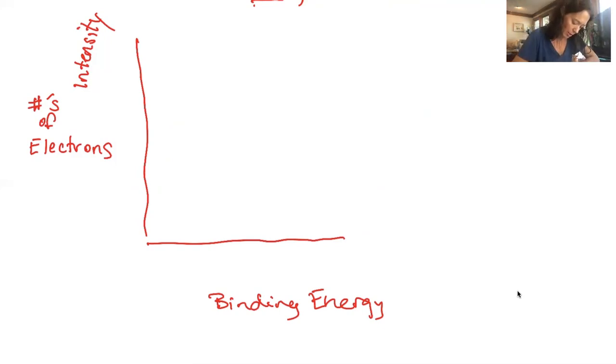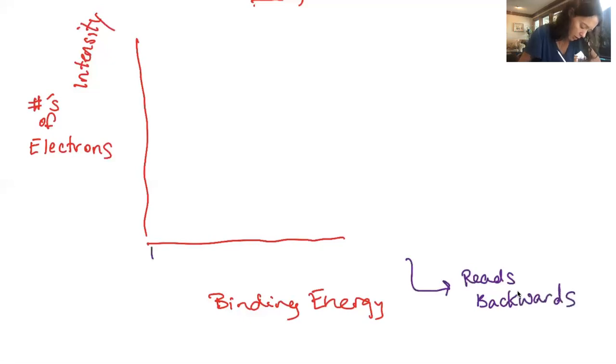Okay, so binding energy down here, this x-axis, I'm back, okay, is going to read backwards. Let's say I'm going to make up some values, 1,000, and you're going to have a big unit that could be like megajoules per mole or something like that.